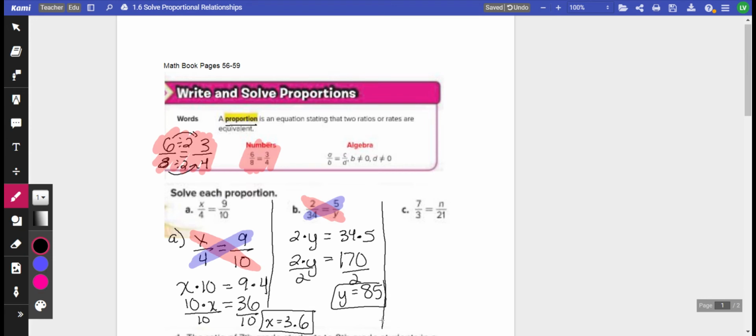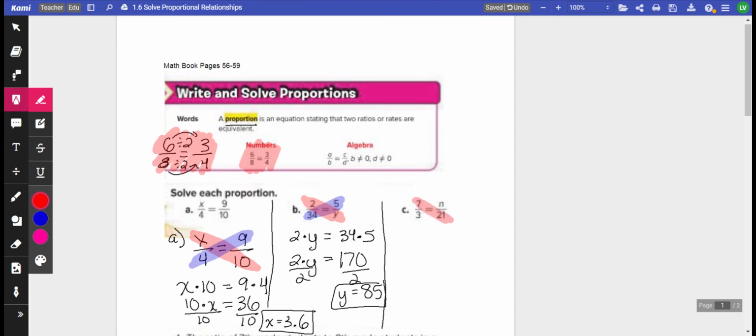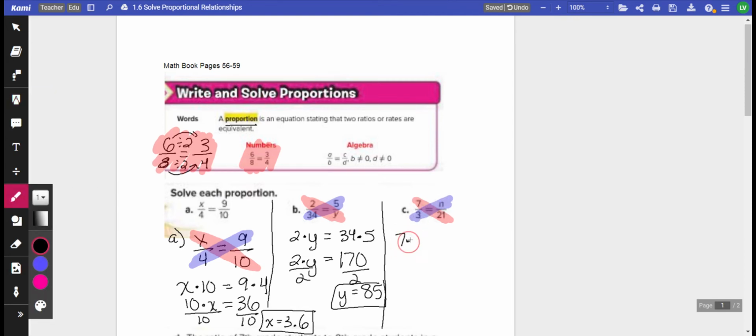Letter C. Same thing as I did before. I'm going to do some cross multiplying. 7 times 21 equals 3 times n. So 7 times 21 equals 3 times n.